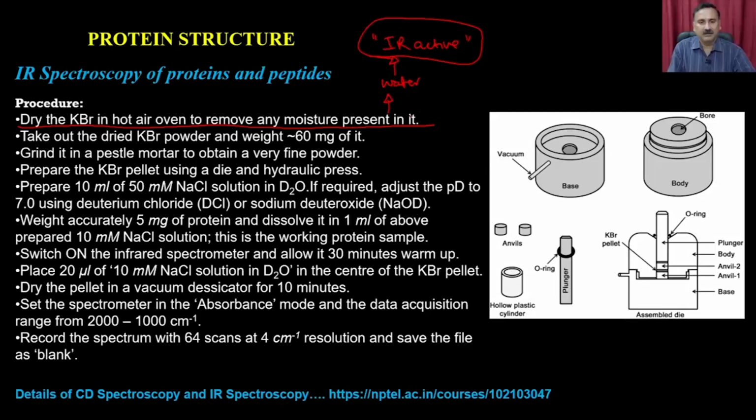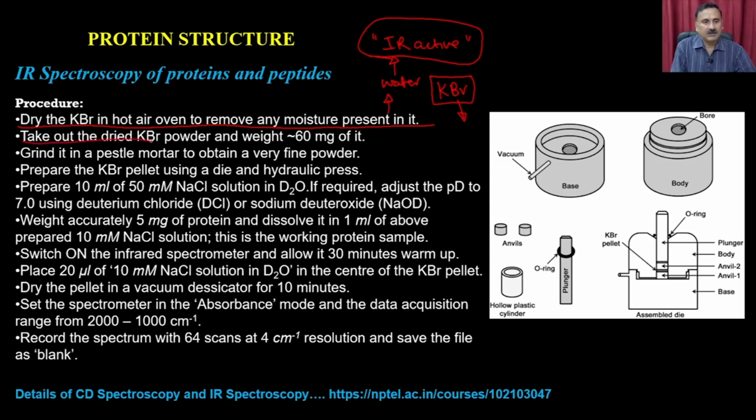That is why the water has to be removed, and that is why we use KBr as the medium in which we prepare the sample, because KBr is an IR inactive molecule.